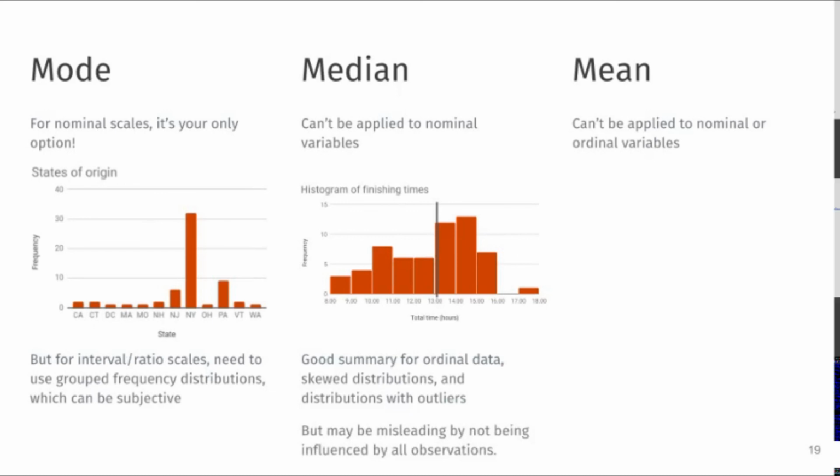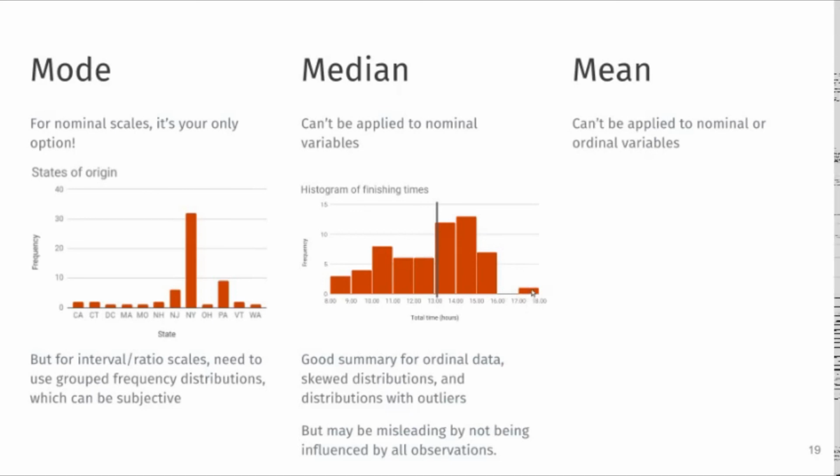the problem, though, is that the median can be misleading because it isn't influenced by all observations. So, on the one hand, maybe you don't want your measure of central tendency to be influenced by outliers, but on the other hand, you don't always know what counts as an outlier. So, is this one person at 17 to 18 hours really an outlier?